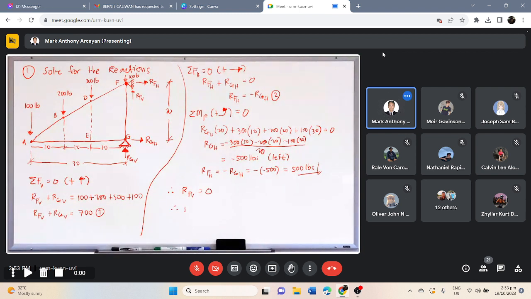Therefore, RG vertical is equal to 700 pounds. RGV alone resists the downward forces, while RF resists only horizontal. Okay? So the external forces have been determined.